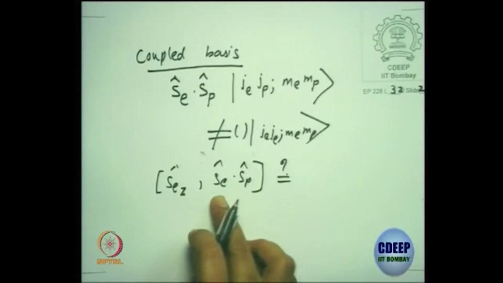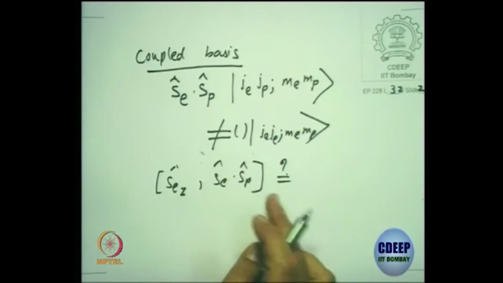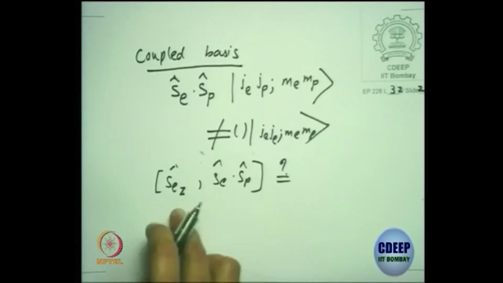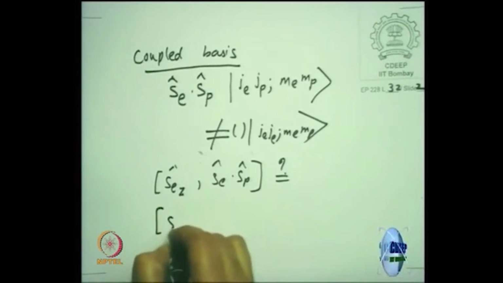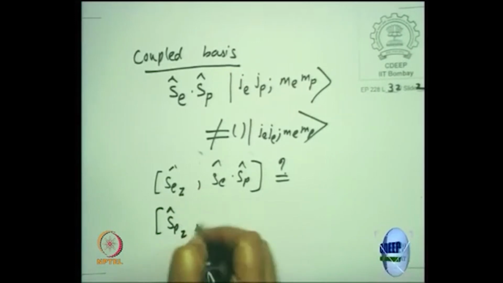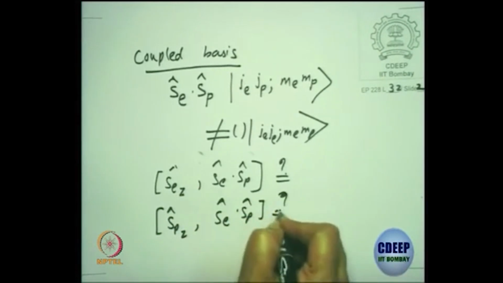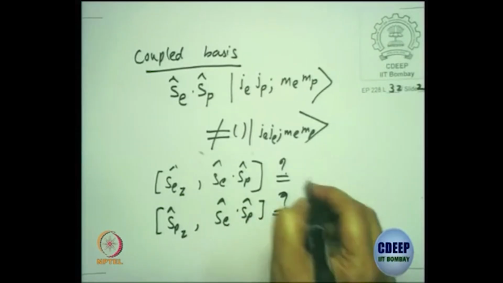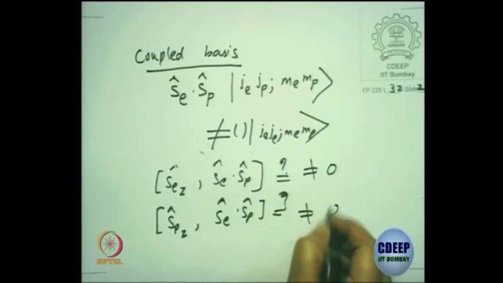What we have to worry about is only the electron spin operator. Does this commute? It doesn't commute. Similarly, if I take the proton operator Z component, S_p,z, with S_e dot S_p, does this commute? No, so this is not equal to 0, and this is not equal to 0.